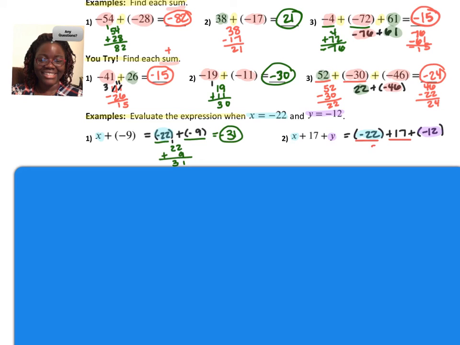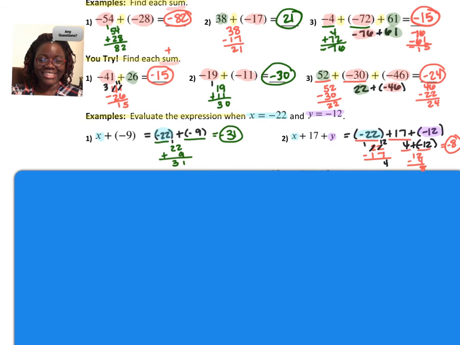So that means we're subtracting 22 minus 17. When we do the math, we get 4. So we have 4 plus negative 12. We again have two numbers with different signs, so we subtract these two. We take 12 minus 4. We get 8. But since we have more negatives than positives, our final answer is negative 8.